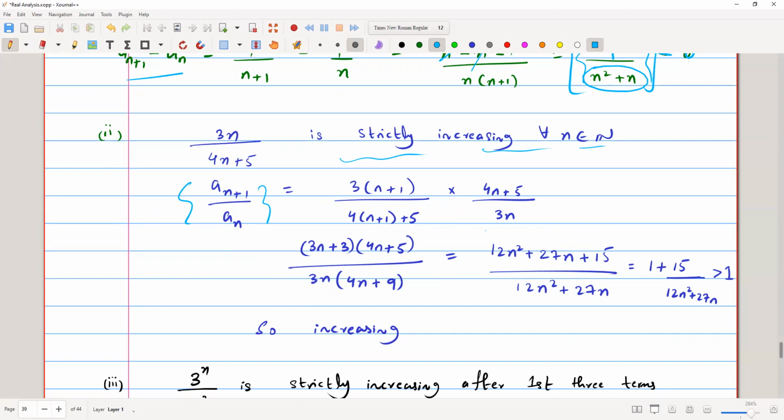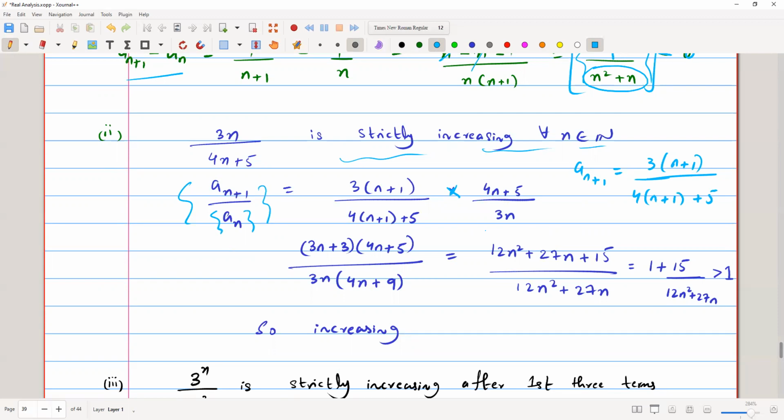So we have an plus 1. An plus 1 for this sequence is going to be simply 3 times n plus 1 over 4 times n plus 1 plus 5. So put n plus 1 everywhere for n, and simplify the equation, multiplying by the reciprocal of an.